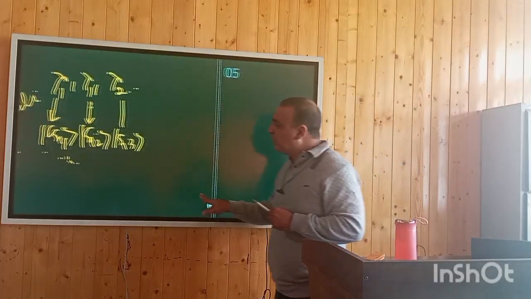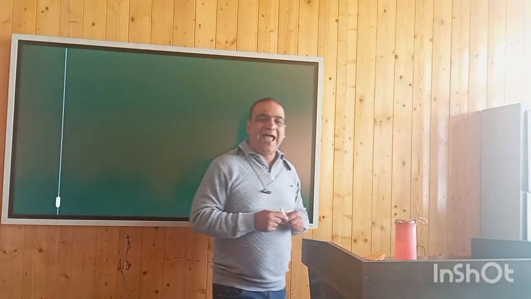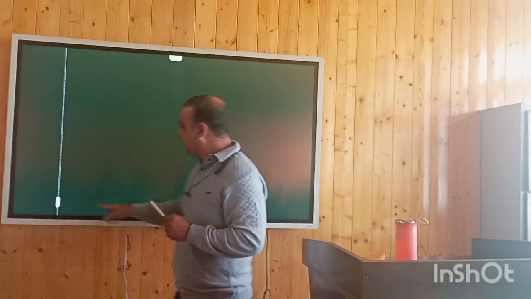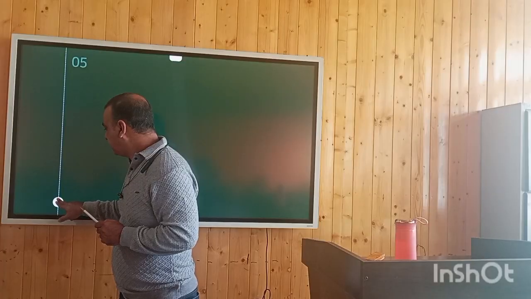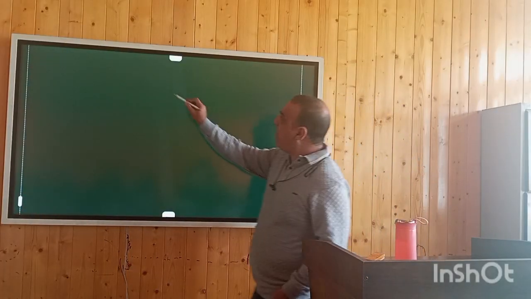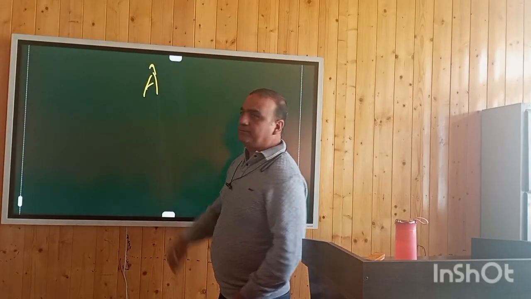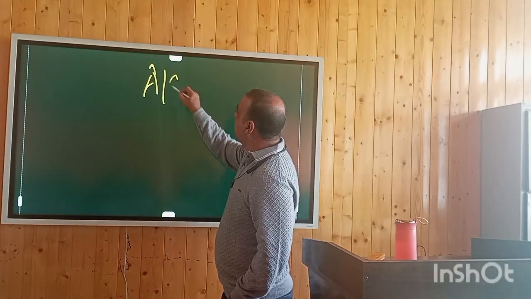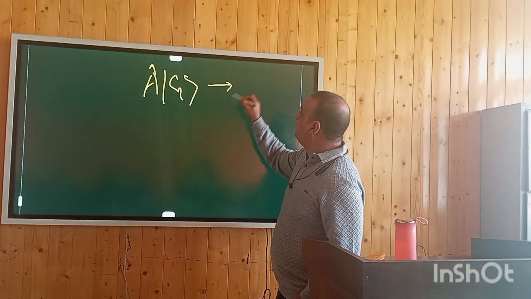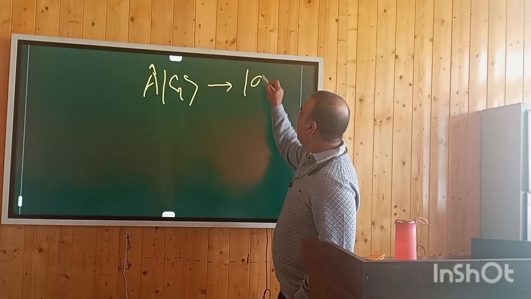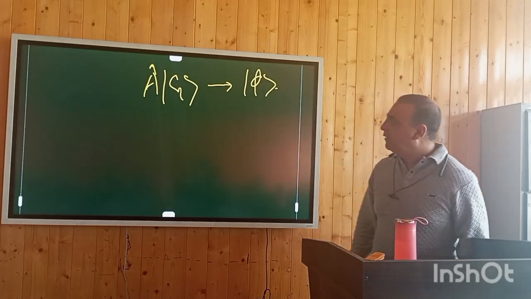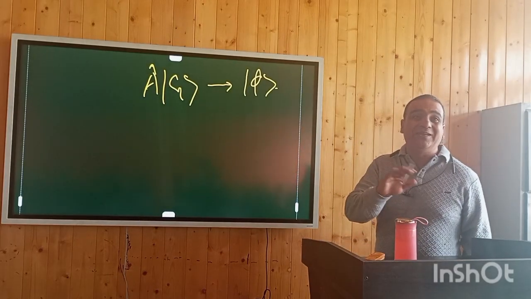So, another important thing. This was an idea about the eigenvalue equation. Now, if I have an operator A, this operator is acting on zeta, and from this I obtain phi. Here I'm just trying to talk about the inner product.